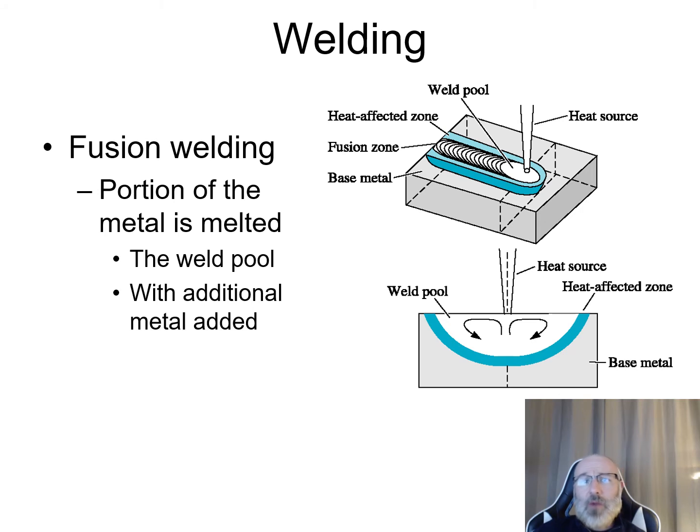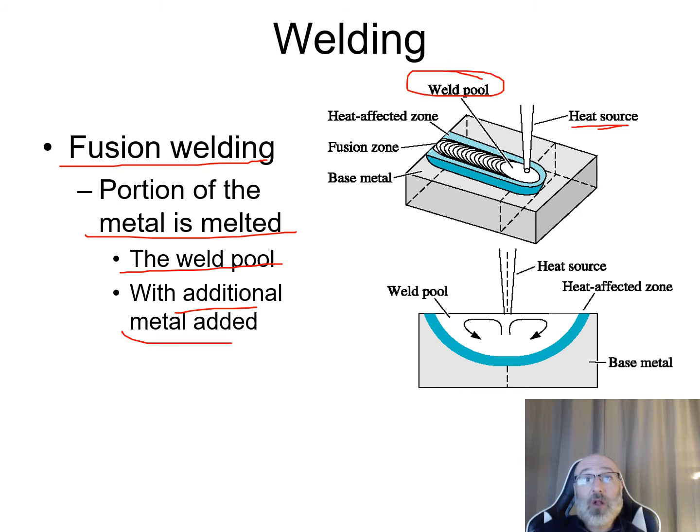So let's take a look at one particular type of welding. Right now, let's take a look at our fusion welding. So for fusion welding, a portion of the metal is actually going to be melted. You're going to have a weld pool, and you're going to have additional metal added to it. So you can see there is our heat source right there, creating this weld pool. Then we have, if we look back at this, our fusion zone right here. Looking at a 2D view, there's our weld pool, relating to our weld pool right here.